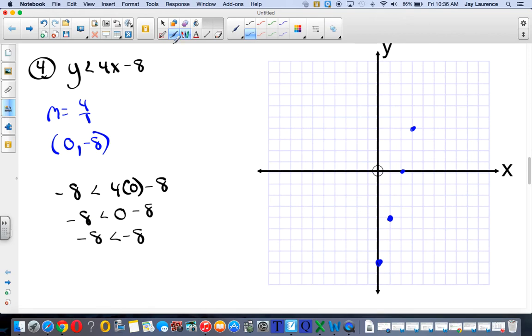Is that true? No, it's not true. So if I draw a line here, I'm telling you that 0, -8 is a solution. It's not. Here's how we rectify that. We draw a broken line. You saw in that practice part, they had some opportunities for dashed or broken lines.